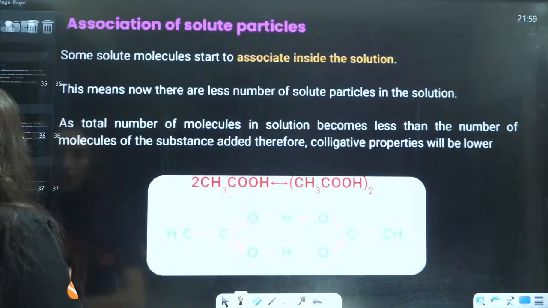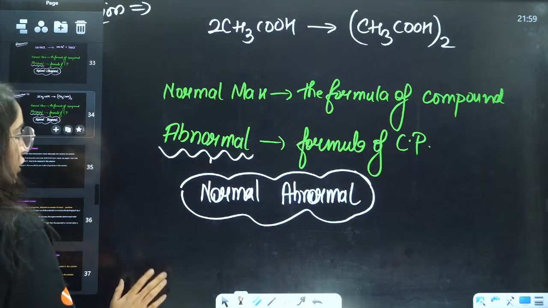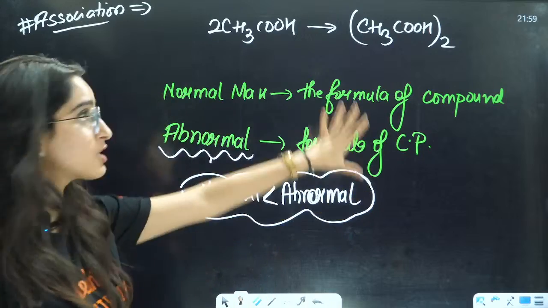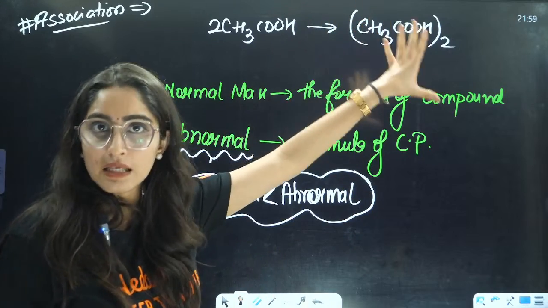That means my abnormal molecular mass is more. After association, my mass has increased, right?